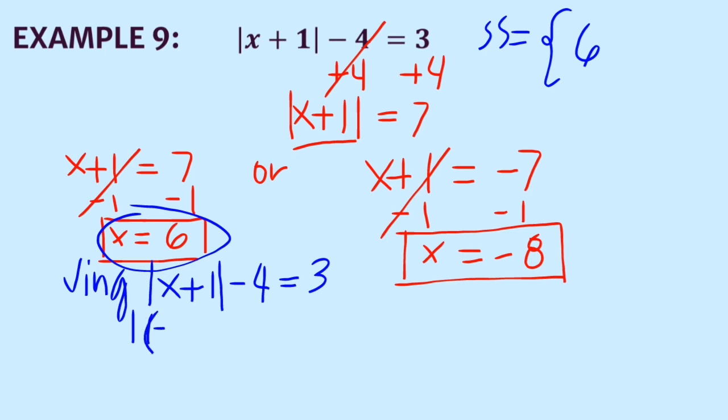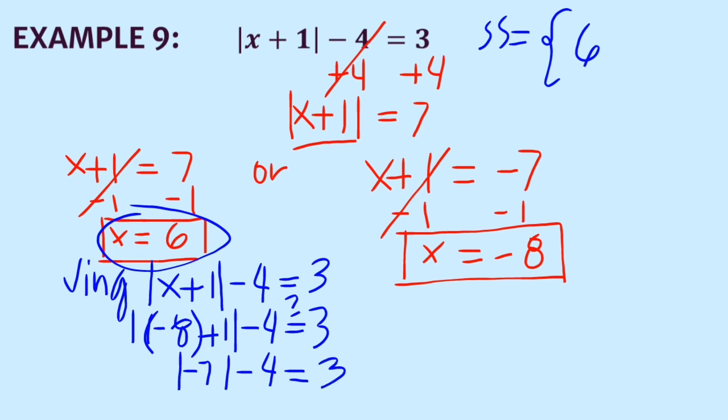So the absolute value of negative 8 plus 1 minus 4 is 3? Question mark. Now, negative 8 plus 1 is what? Negative 7. Now, what is the absolute value of negative 7? It is 7.